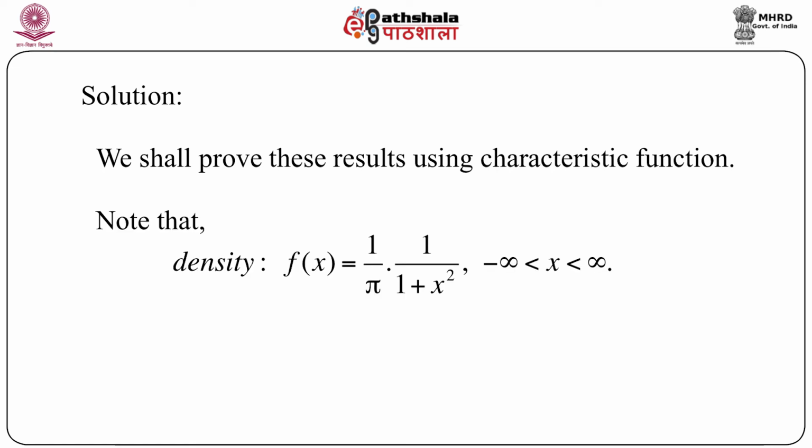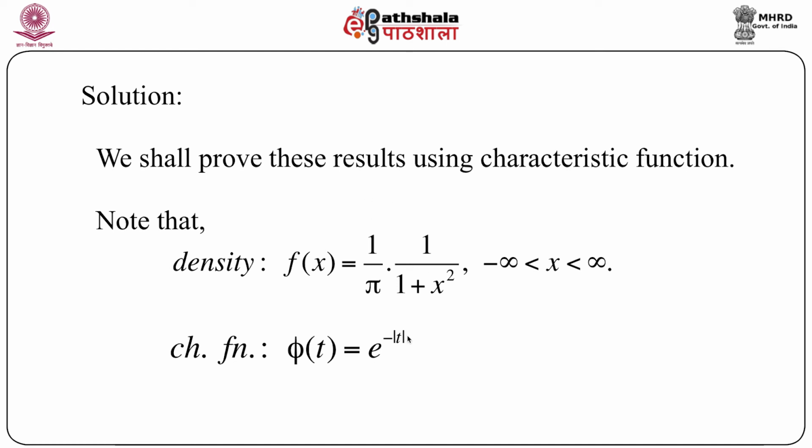Note that the density of the standard Cauchy distribution is small f x equals 1 by pi into 1 by 1 plus x square, where x lies between minus infinity and infinity. And the characteristic function of the standard Cauchy distribution is phi t, which is nothing but e to the power minus mod t.